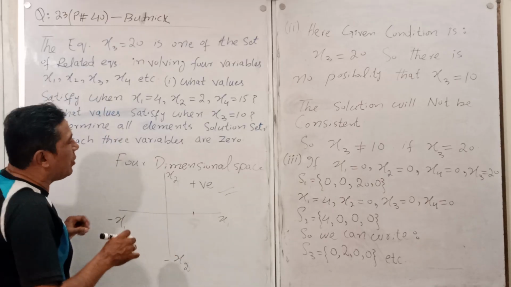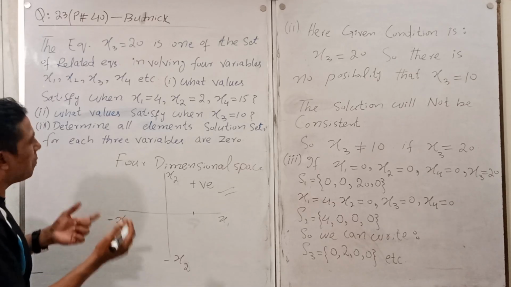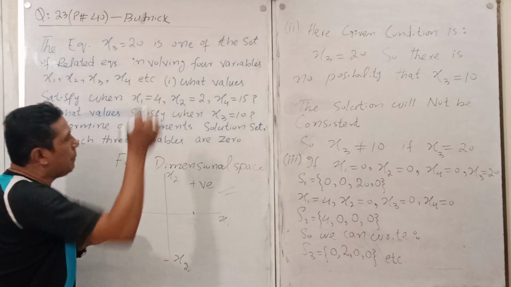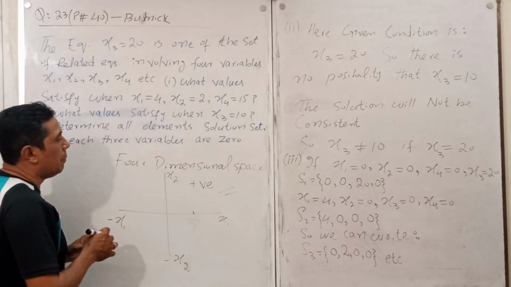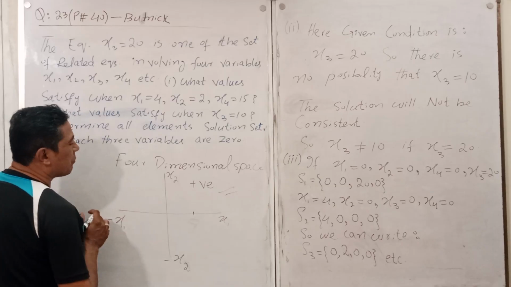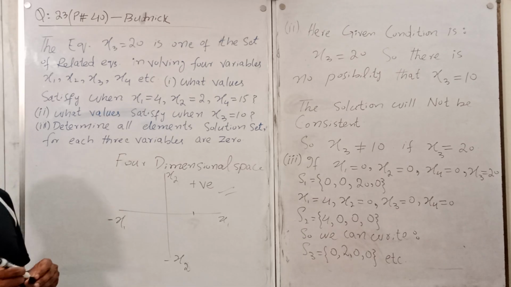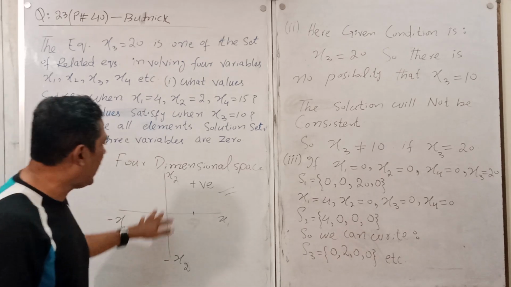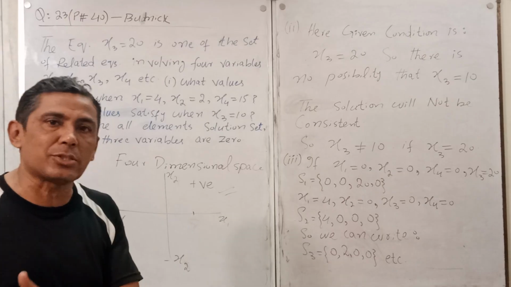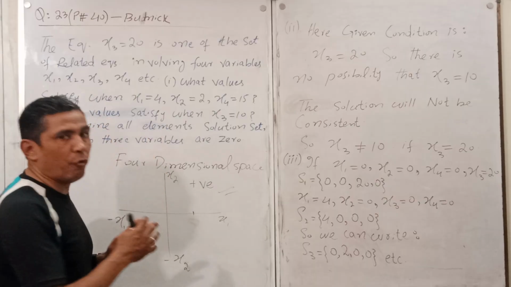We can just mark x1 and x2 in a positive quadrant here, but we don't have the positive quadrant for x3 and x4. We need another quadrant system or another space for x3 and x4.